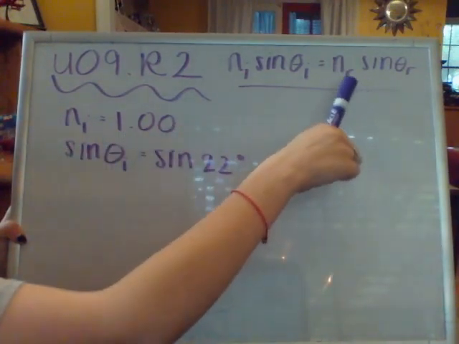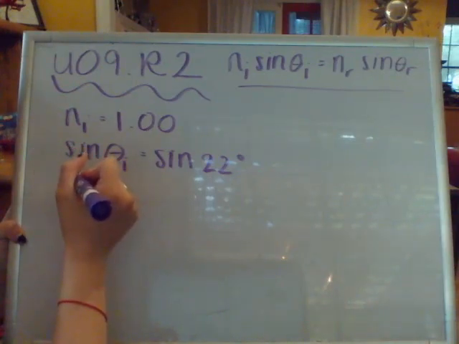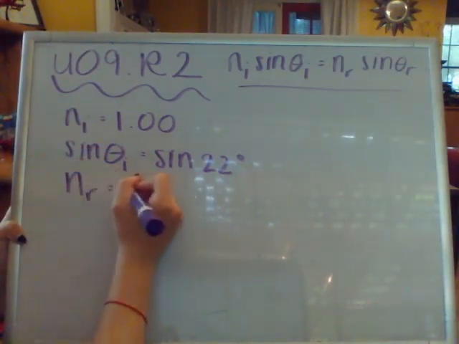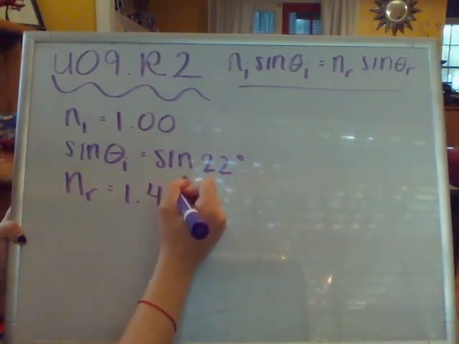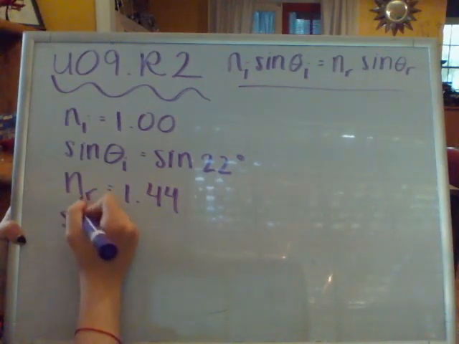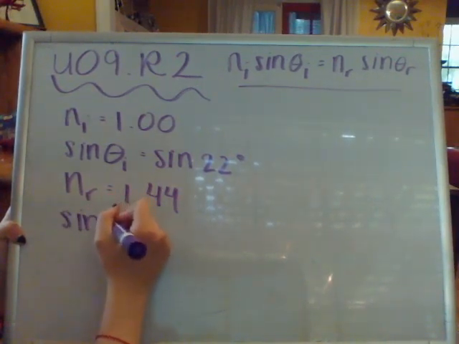And then it gives us the fiber, and the index of refraction for the fiber, which is going to be the NR, is equal to 1.44, and we're trying to find the angle of refraction, which is going to be sine theta R.